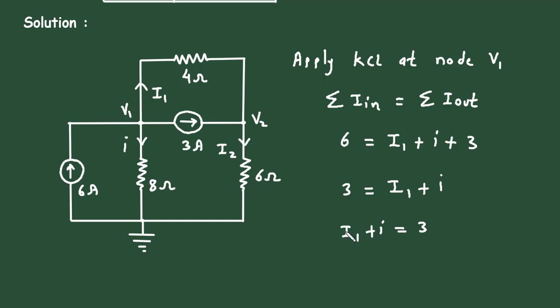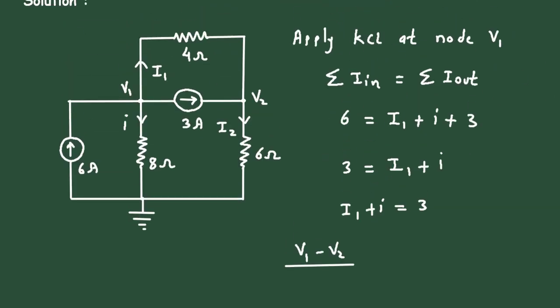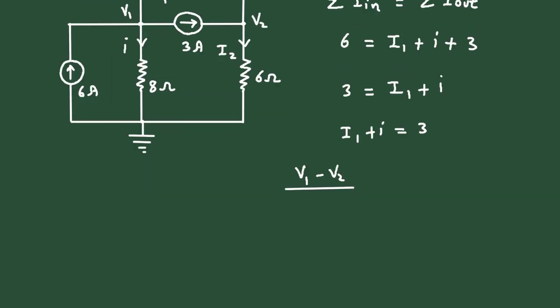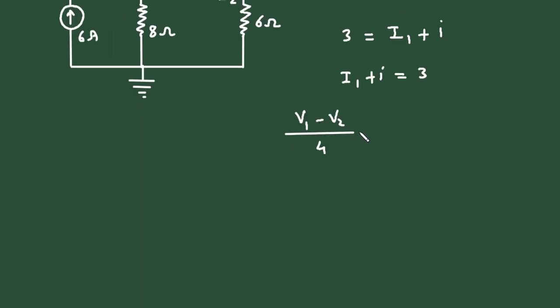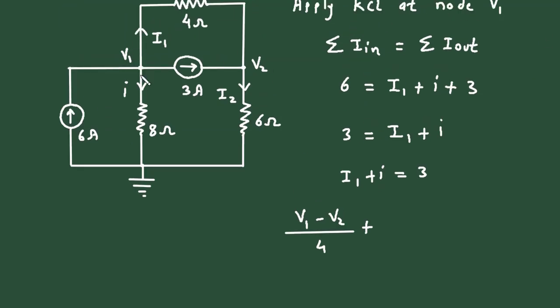Now we will convert this I1 in voltage form, so it will be (V1 minus V2) divided by the resistance of 4 ohm, plus current I, which is (V1 minus 0) divided by 8, is equal to 3.